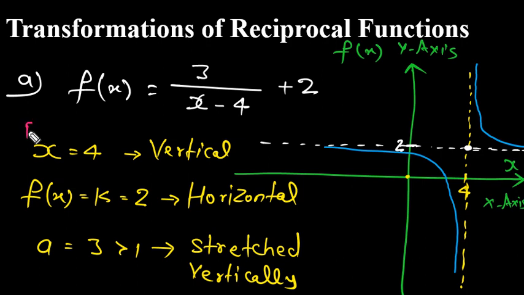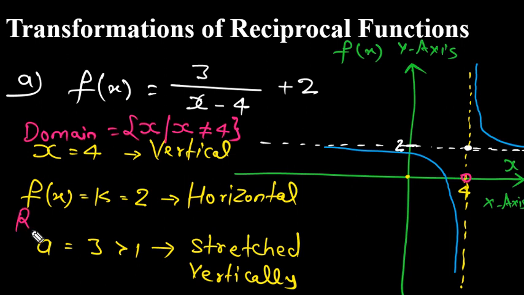So the domain will be all real numbers of x other than x not equal to 4, because at x equals 4 the graph is discontinuous. You can see here there is no graph at x equals 4. It is approaching 4, but since there is a vertical asymptote at x equals 4, it is approaching but not touching x equals 4. So the domain is all real numbers of x other than 4.